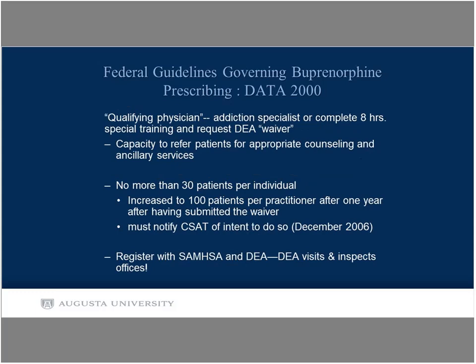A physician, in order to qualify, has to complete 8 hours of special training. Initially, you can have no more than 30 patients, but it can increase to 100 patients per practitioner after 1 year. And you have to register with the DEA, and the DEA can actually make visits to your clinic and inspect your offices to make sure that you're using it appropriately.